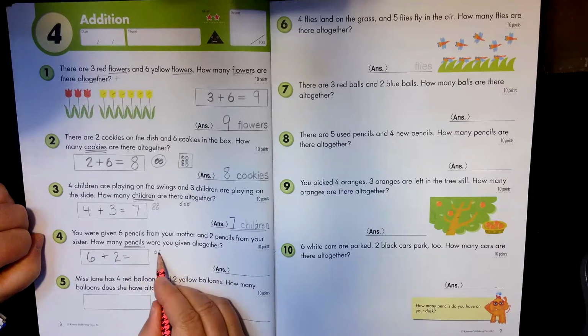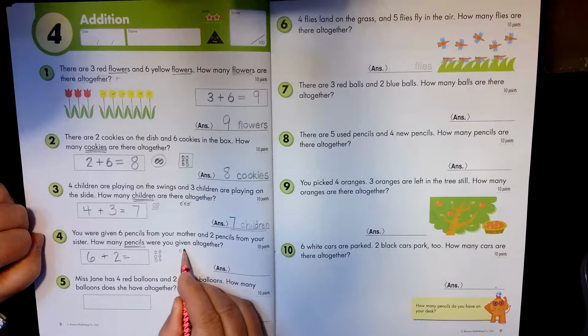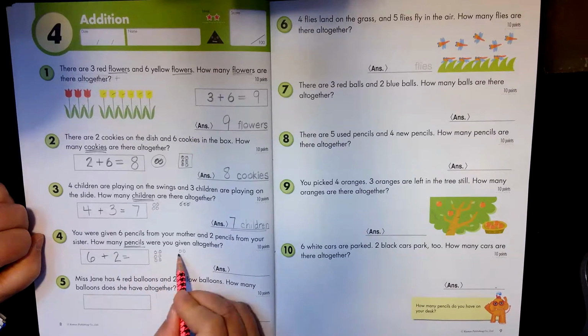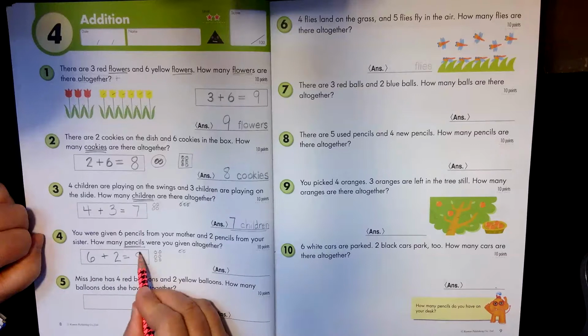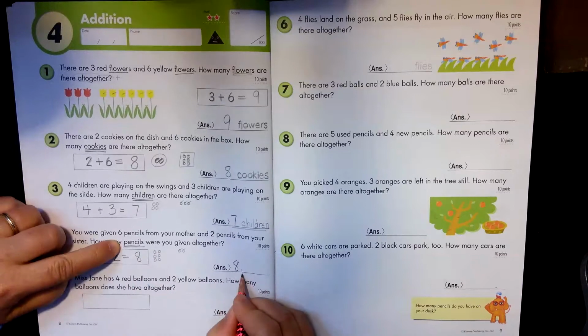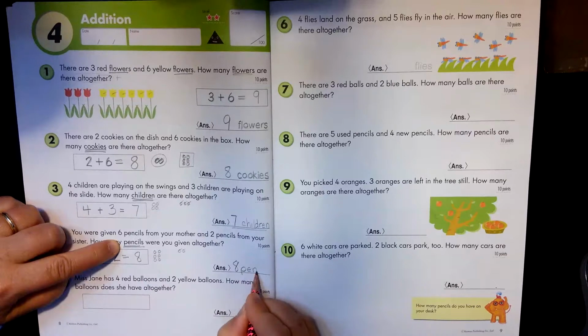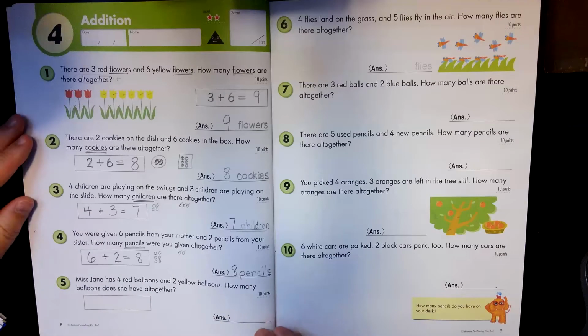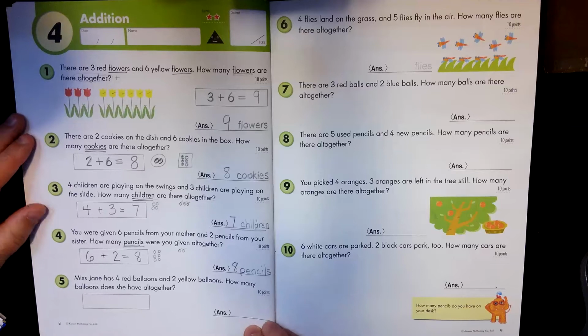So if I need to draw a picture, I can have a 6 group and a 2 group. 6, 7, 8. My answer will be 8 pencils. Check your work and see if you got it right. Okay, you can always pause the video if you need to.